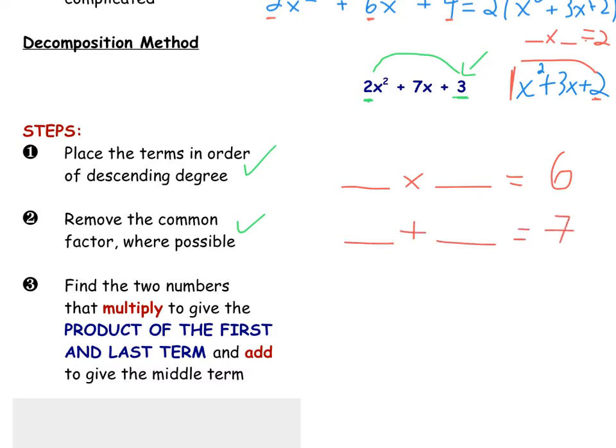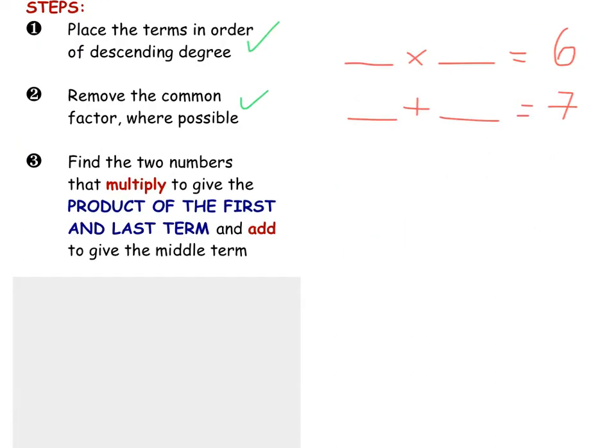What has changed is that now I need to find the product of my first and last term instead of just my last term. So let's figure out what those values have to be. Wanting to make this example fairly straightforward, I'm hoping that you saw that the numbers have to be 1 and 6. Those are the factors that work in this case.